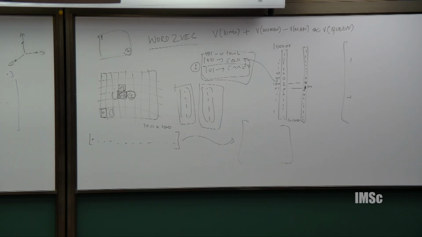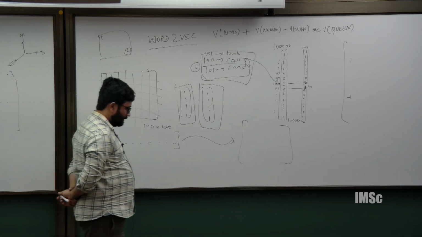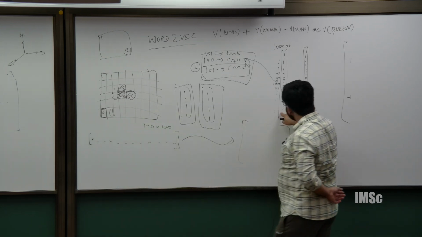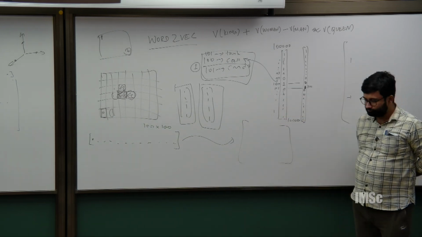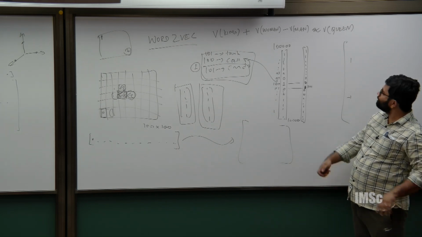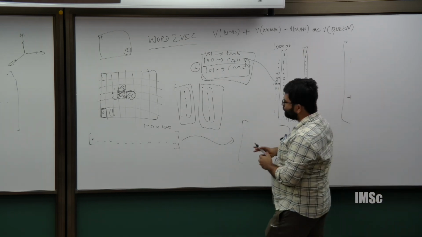So these 10,000 length vectors, right? You're talking about these 10,000 length vectors. So think of, okay, here is a sentence I use. Let's say you have two sentences.